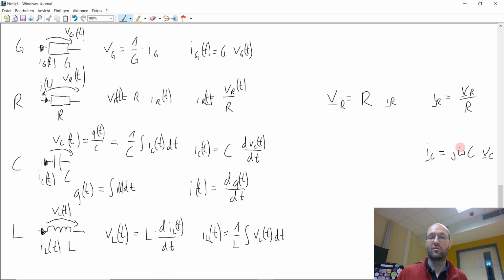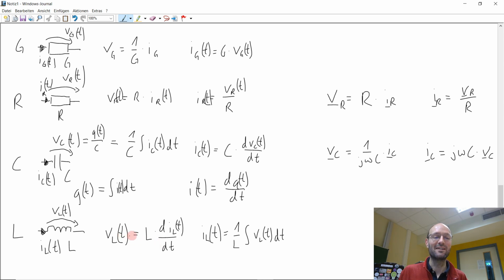And if we formulate this the other way around with the voltage at the beginning, we get 1 over j omega C multiplied with the current through this capacitor. Have you seen this equation before? I think we've discussed it last time, but okay.